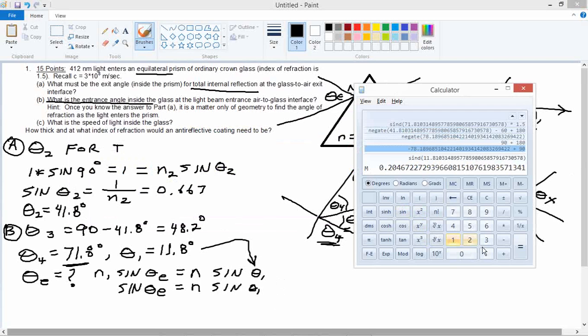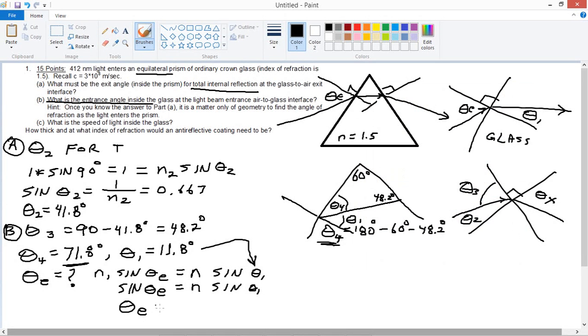And this illustrates the process. Nobody's perfect. Everybody makes mistakes. It's important just to be calm and find and fix your mistakes. So we get theta entry.